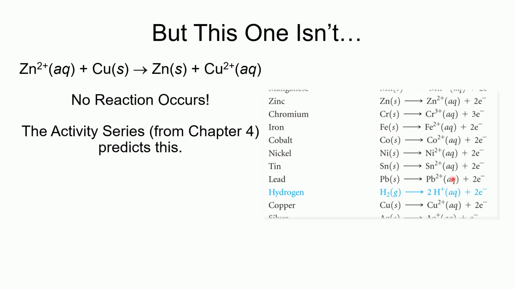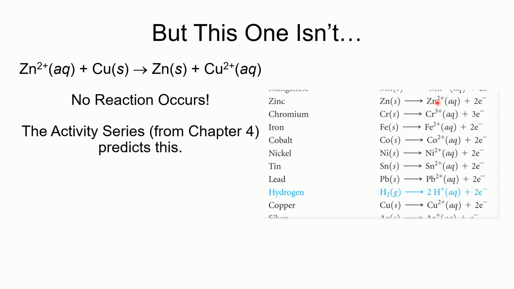And so this is just a subsection of it, because we're not going to talk about the activity series extensively, other than to say a metal will react with an ion that is below it on the activity chart. So as you go up, the metals are more reactive. As you go down, the metals are less reactive. So zinc will react with copper 2 ion, and copper will not react with zinc 2 ion. And that is one of the things that we learned from the activity series.